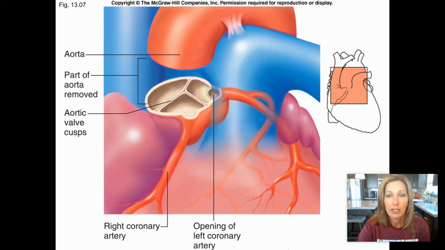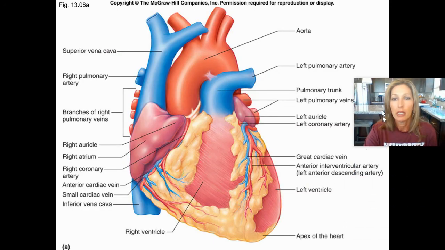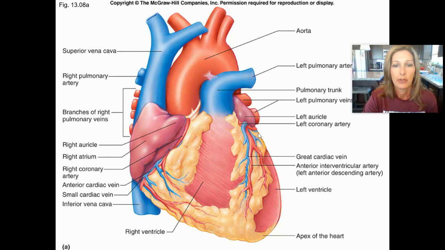Here's a diagram helping you understand the coronary artery, the artery that is going to be delivering nutrients and oxygen to the cardiac muscle. Right after the aortic valve, there is a little opening, and this is oxygen-rich blood coming directly from the aorta to that coronary artery to fuel the heart. Here you can see the outside of the heart, and this coronary artery extending out.